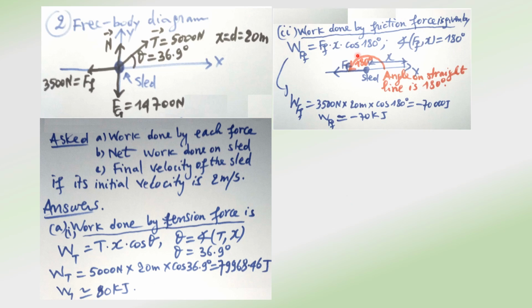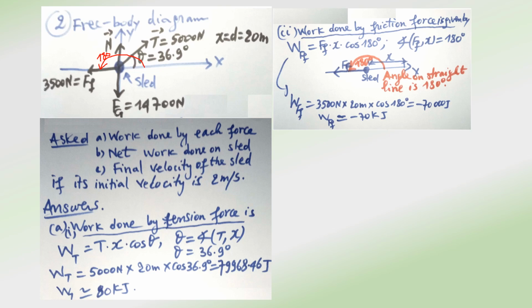We continue to determine the work done by the friction force, given by the friction force times distance times the cosine of 180 degrees. This is because between the positive x-axis and the friction force there is an angle of 180 degrees, because we consider this front part, the middle part, which is our sled.